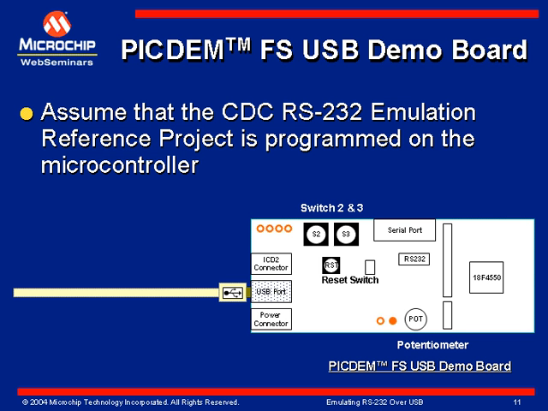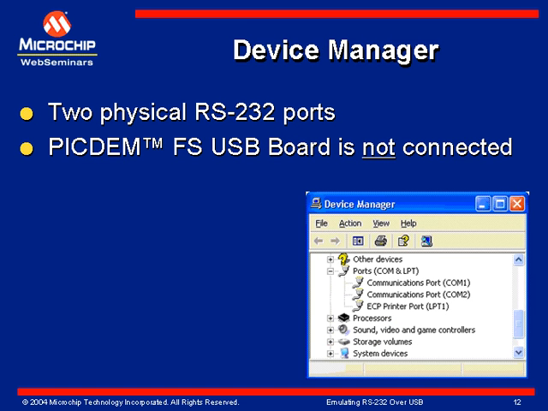Assuming that the board has the CDC RS-232 emulation reference project loaded, I will next show you how the demo board would be recognized by the Windows operating system when we plug this into a personal computer. So let's assume right now that we are using my computer, which has two physical RS-232 ports, and at this particular point, I do not have the demo board connected to my system.